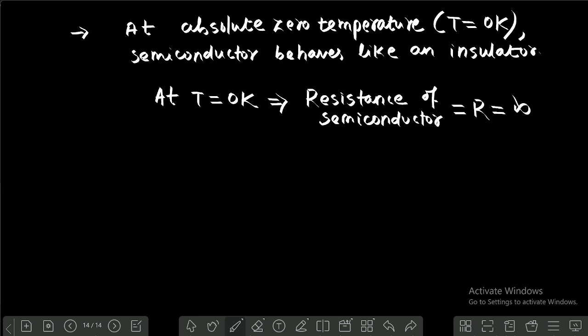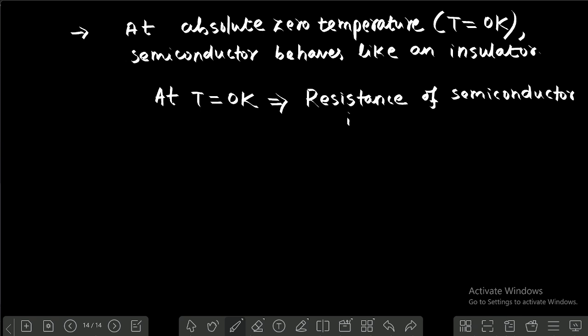Resistance of semiconductor is infinity. Why infinity am I writing? Because it is becoming an insulator at 0 Kelvin. So in bracket you write R equal to infinity.